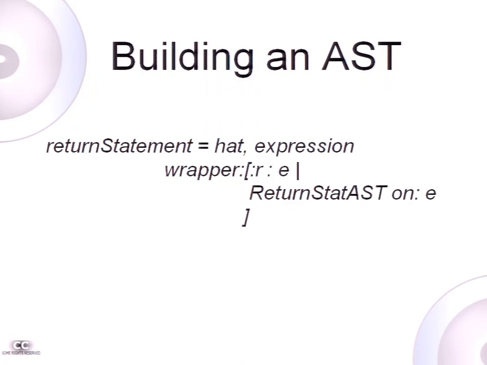This thing that says wrapper colon, that combinator basically takes a parser and a closure. The stuff between the square brackets here, that's a closure. What it does is it parses the same language as its receiver. But the result it returns you is different. It uses the closure to process those results and produce a new result. In this case, it's building an AST, right?